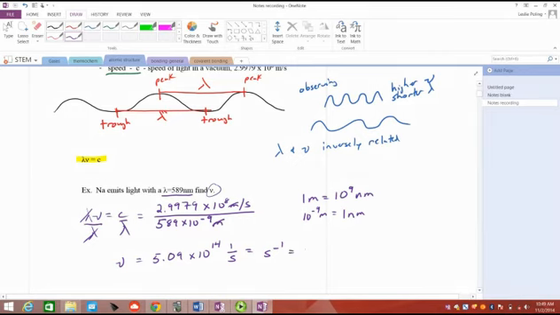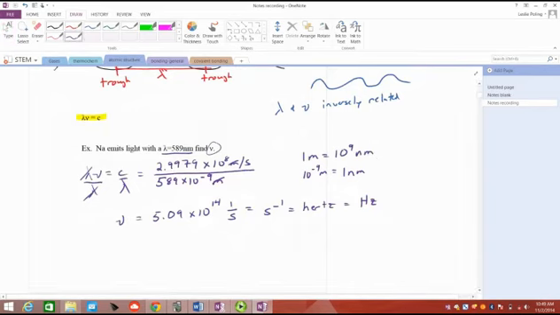But that is the same as the unit hertz, which is abbreviated Hz. So we would write 5.09 times 10 to the 14 hertz.